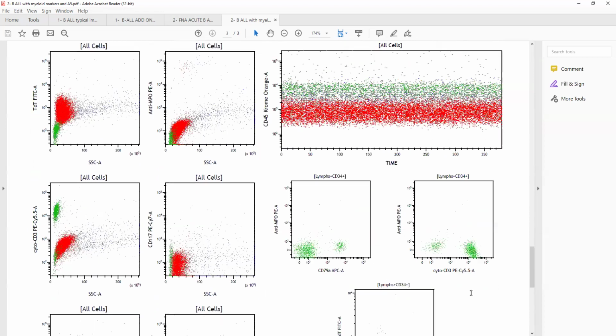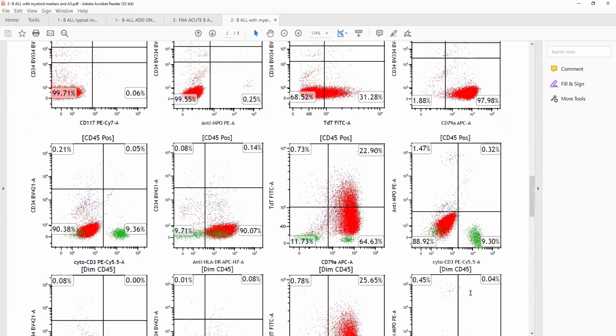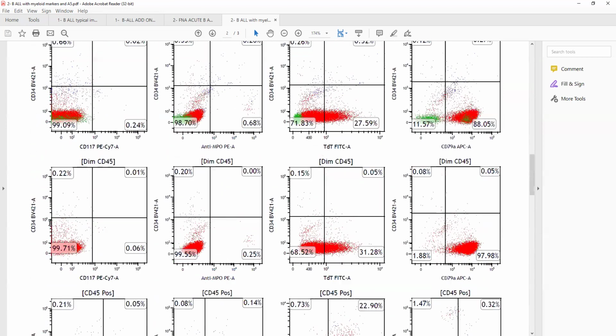So, in summary, we're dealing with a dim CD45 population that is CD34 negative, CD117 is negative, MPO is negative, cytoplasmic CD3 is negative, and we see expression of B cell markers, including CD19, CD10, CD79A, and TDT.